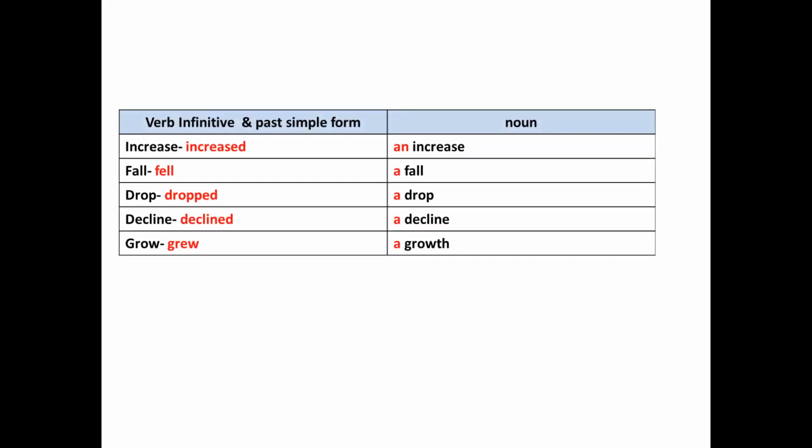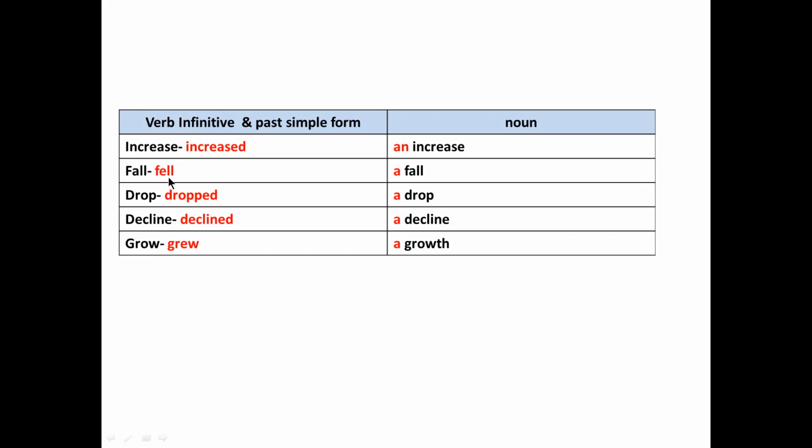Look at this table. I've put some verbs in the infinitive form here. This is just a sample. You need to add to this list. So increase in the infinitive form and the past simple form is increased.